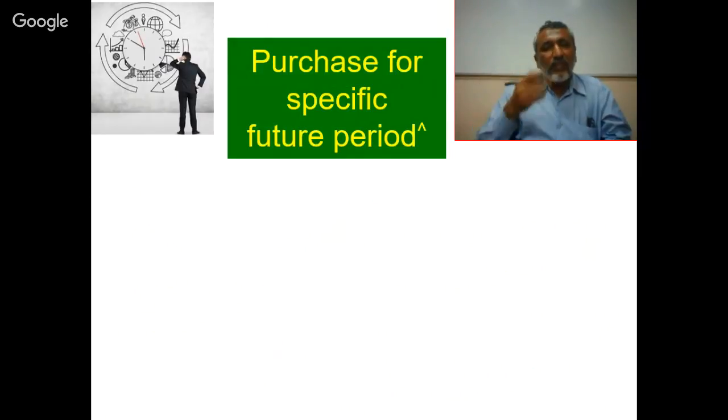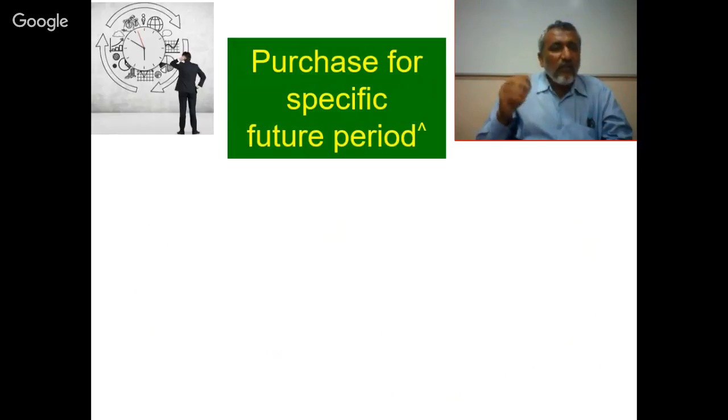Let us come to the next method of purchasing, what is known as purchasing for a specific future period. How do you purchase grocery for your home? For lunch, you don't buy material in the morning and then prepare lunch. And for dinner, you don't buy material in the evening and use it for dinner.